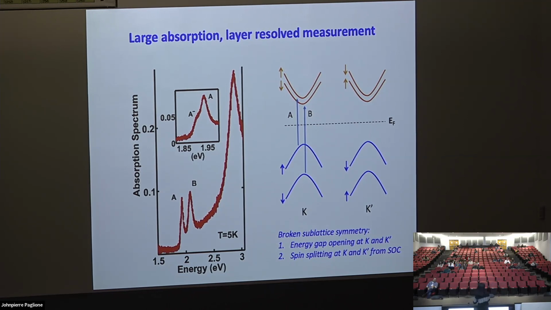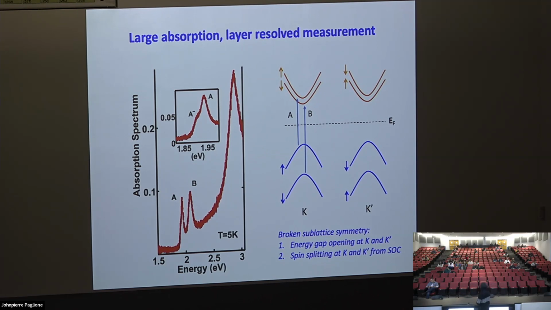It's a few hundred milli-electron volts away from the lowest transition. And then the inset shows the detail of this peak. It has this A resonance and some shoulder. Later, when we improve the material, you see separate peaks. So there's something else going on.